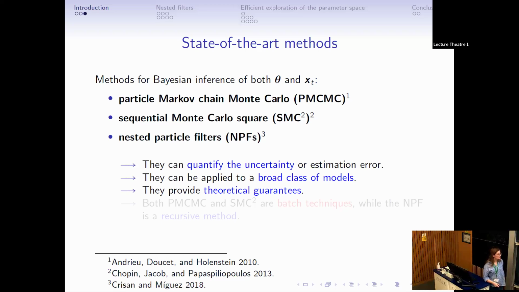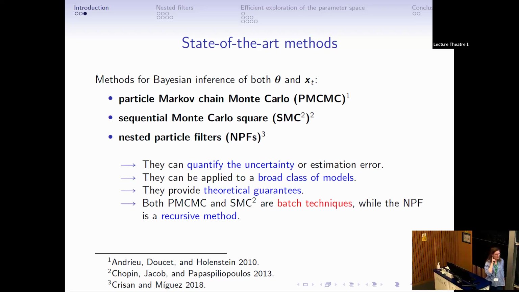They are Bayesian methods. Also, they can be applied to a broad class of models, and there are some theoretical guarantees that say they converge under some conditions.